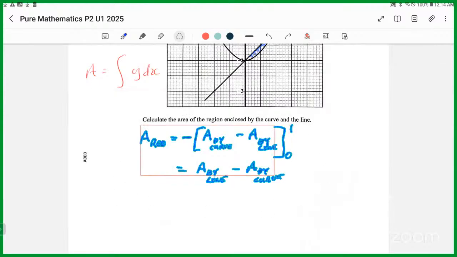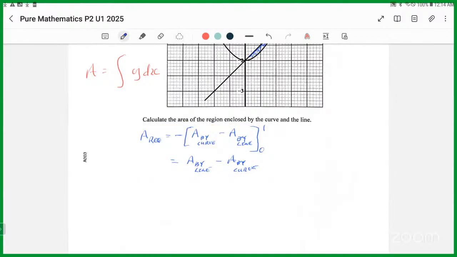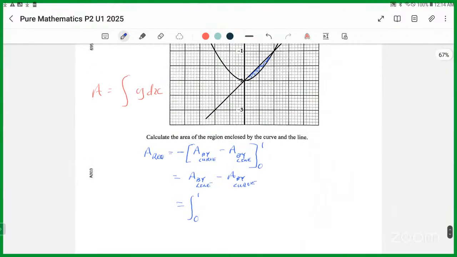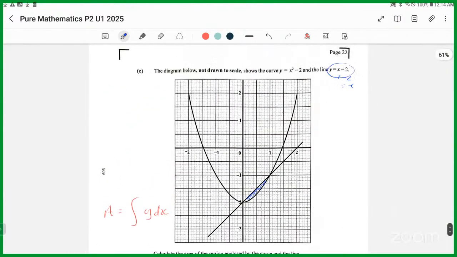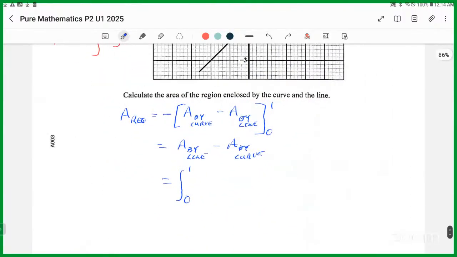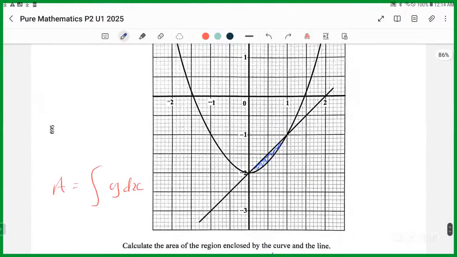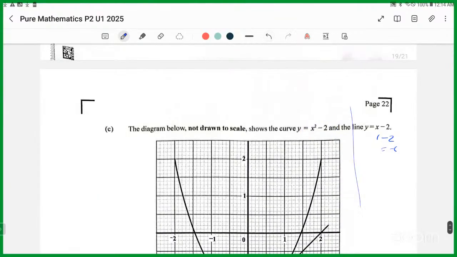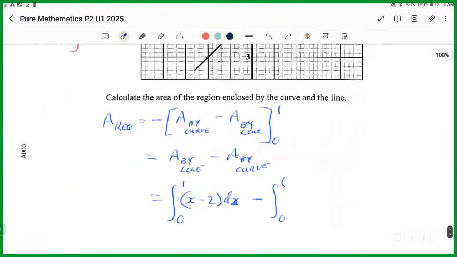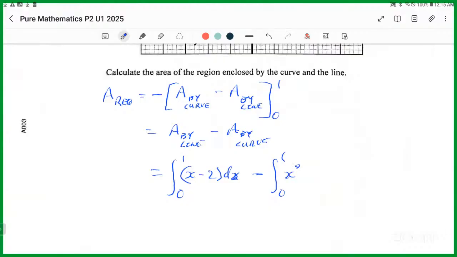So the area by the line becomes the integral from 0 to 1 of the line equation, x minus 2, dx, minus the integral from 0 to 1 of the curve equation, x squared minus 2, dx.